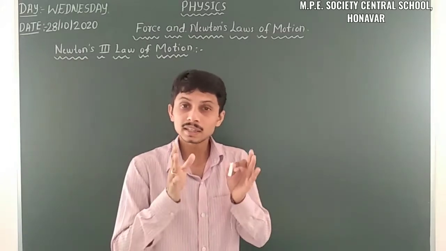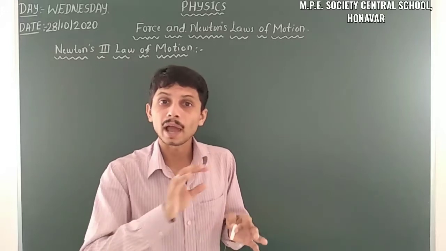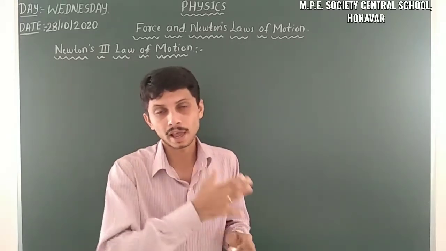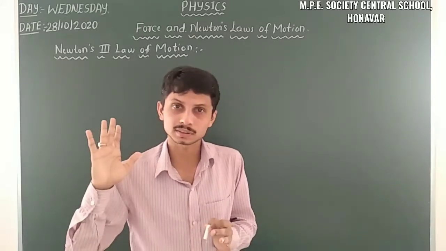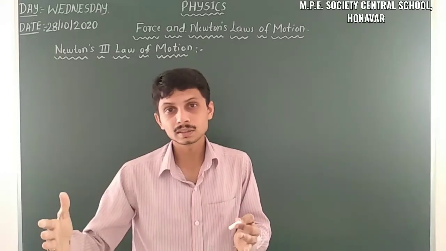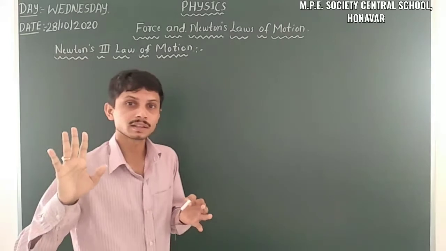So Newton's third law of motion is: for every action there is an equal and opposite reaction. Action and reaction are nothing but forces. For every action there is an equal and opposite reaction, means those two forces are equal in magnitude and opposite in direction.